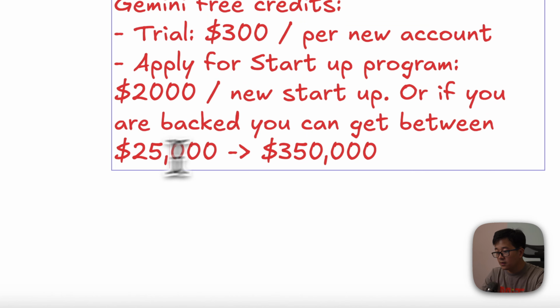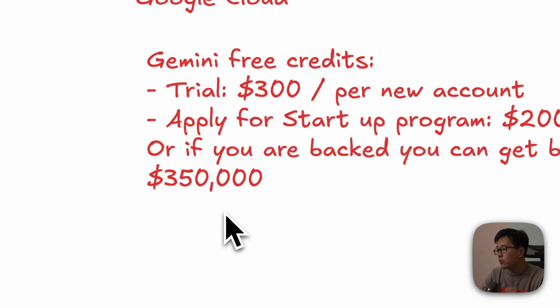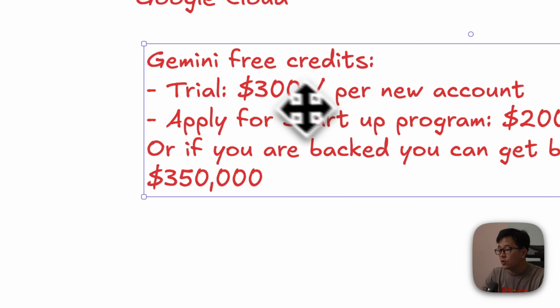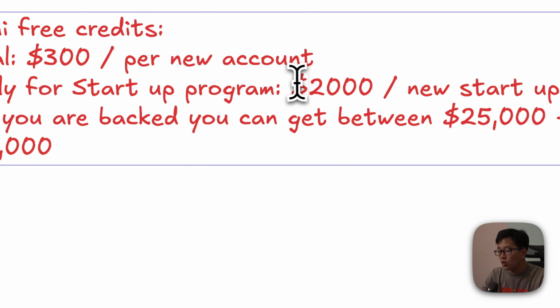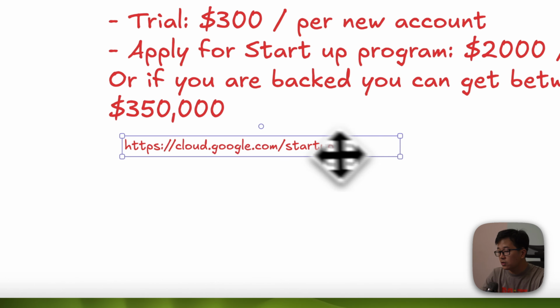But this number with 300,000 something is for VC-backed startups, and maybe most of us will not have that. But I think you can also look for this $300 per account, and maybe apply as an individual, and by applying for some of the programs, you can also get some free credit from them. So this is the URL. I would strongly suggest that if you would like to use that, you have a look at this one.